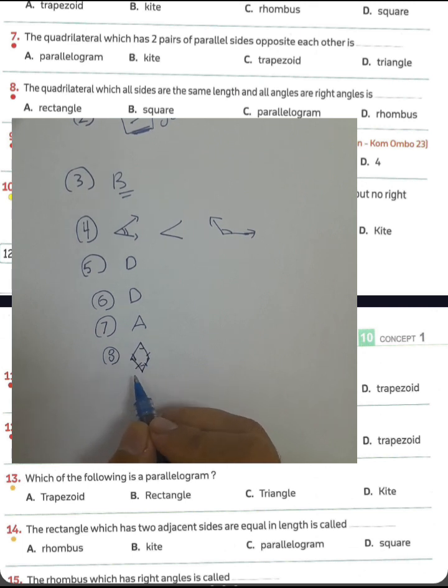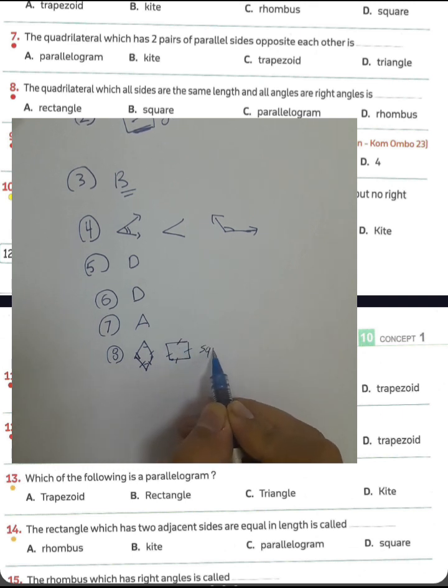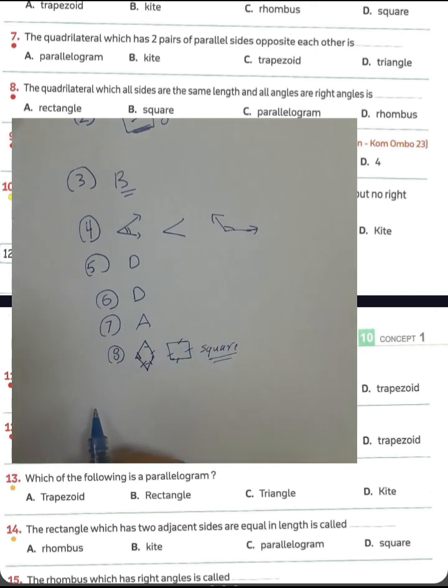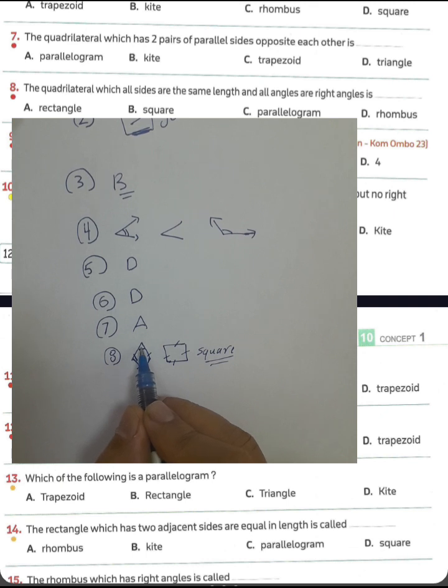The quadrilateral in which all sides are the same length, meaning equal lengths, and all angles are right angles, will be a square. We call it a square. But if all of the angles are not right, we call it a rhombus.